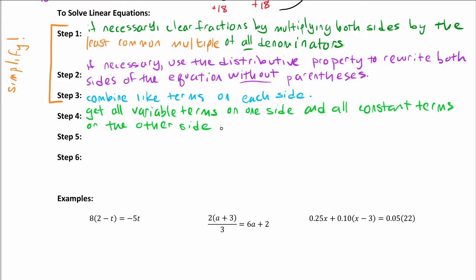And you're going to do that using the additive property of equality. So before you start multiplying things, you want to use adding things to both sides to get it so you just have variables on one side, just numbers, constant terms on the other side. So you're using the addition property of equality.